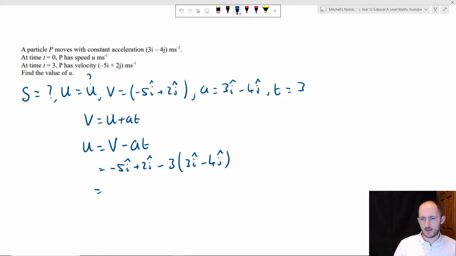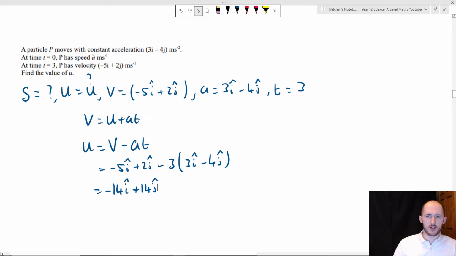So we have minus 5i minus 9i, which would be minus 14i. Then we have 2j plus 12j, which is going to be 14j. Okay, so again, it's minus 3 times minus 4 makes it plus 12. 2 plus 12 is 14.